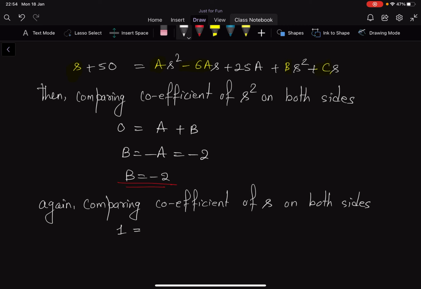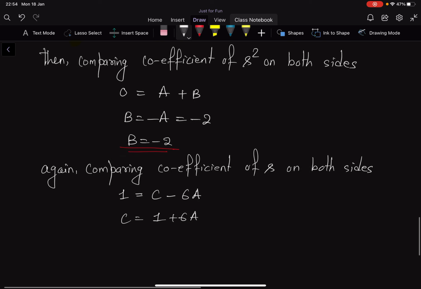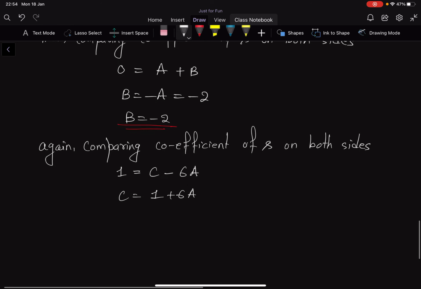So I can write this as c minus 6a, right? Because if I take s common, I'm going to get c minus 6a. So c equals 1 plus 6a. Since I have the information about a, c equals 1 plus 6 times 2, which is going to be 13. So the value of c is 13.